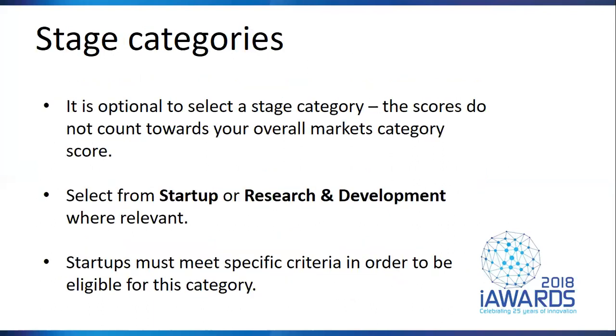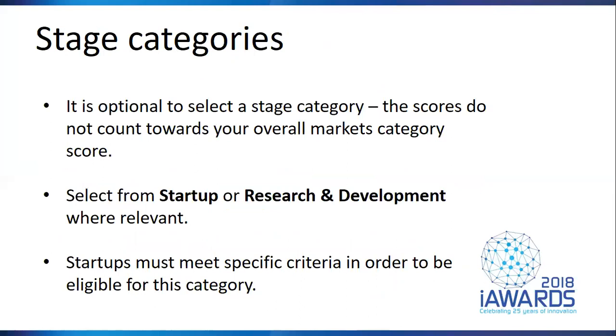The stage categories, as I said, are optional, so you've got to select either startups or research. If you don't fit into those categories, if they're not relevant, then don't select them. A stage category does not count towards your overall market category score.